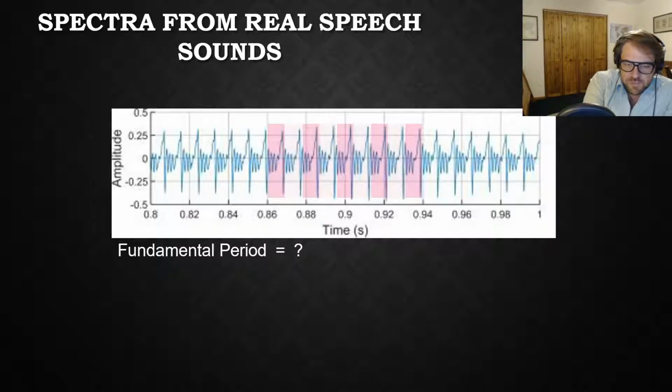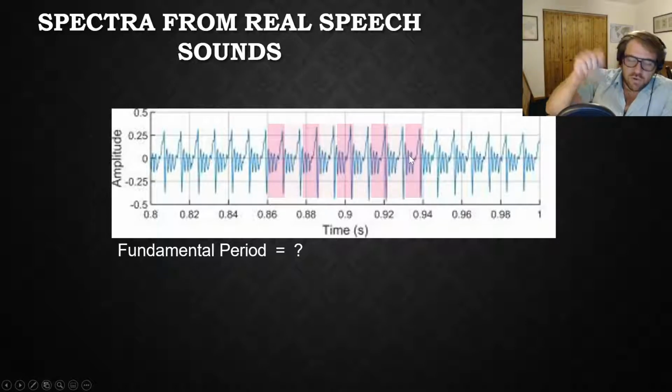Right here. So again, we can find an area where it starts at 0.86. We can find an area where it repeats again at 0.94. So 0.94 minus 0.86 is 0.08. And then we need to count how many times it repeats, which is 1, 2, 3, 4, 5, 6, 7, 8, 9.